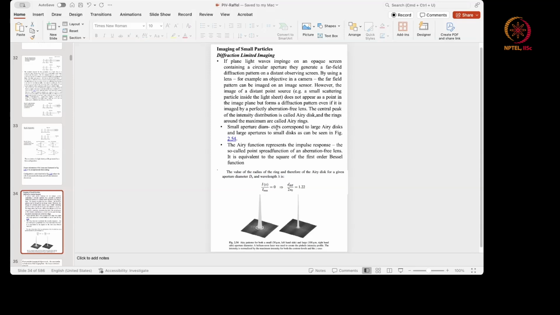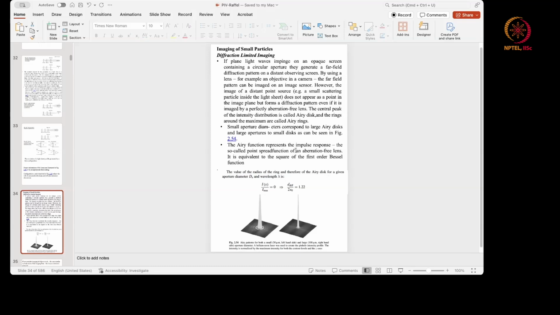The small aperture diameter, or in this case small particles, correspond to large Airy disks, whereas the bigger particles correspond to smaller Airy disks. The central peak of the distribution is called the Airy disk, and the rings that are around it are called the Airy rings.